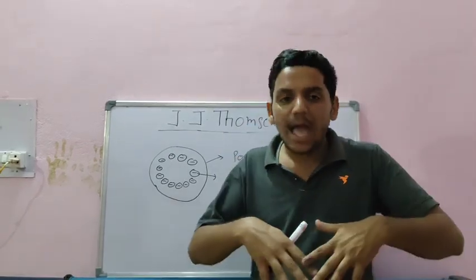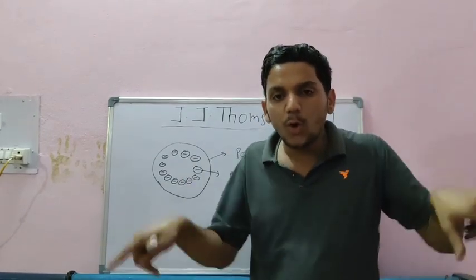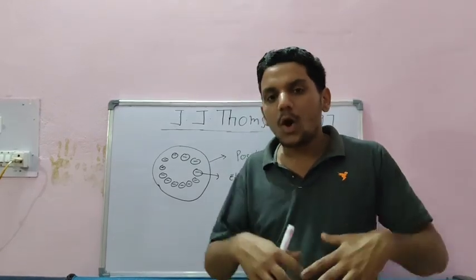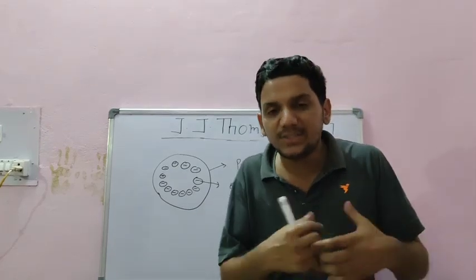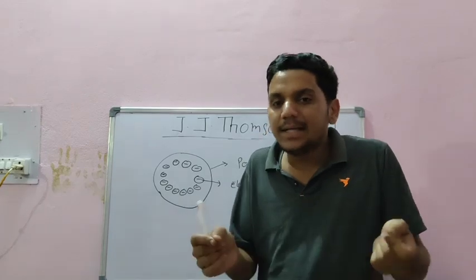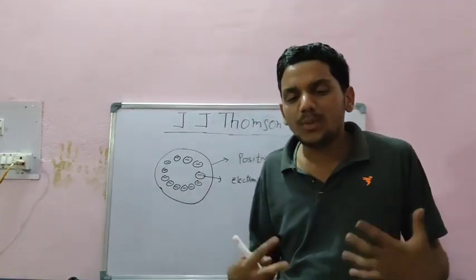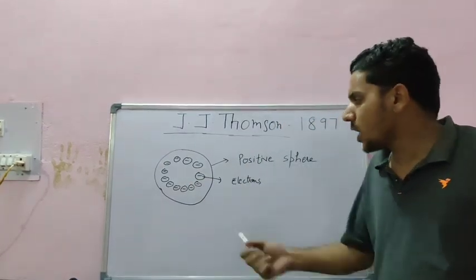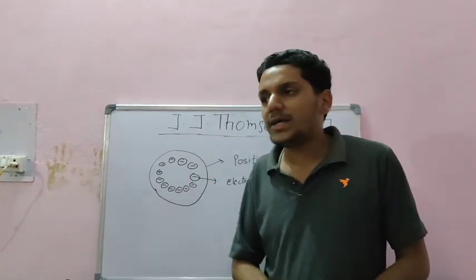Any one piece of watermelon, let us consider as an atom, in which the whole portion of watermelon is considered as an atom which is supposed to be positively charged, and like there are seeds in watermelon, these seeds are considered as negatively charged species, meaning electrons. So this is J.J. Thomson atomic model, in which atom is considered as a positively charged sphere with electrons embedded in it like seeds in watermelon.